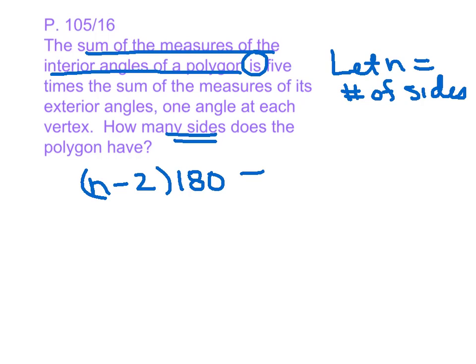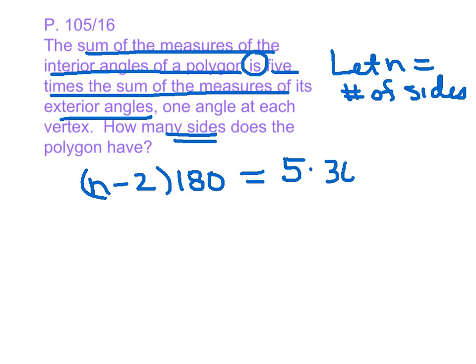It equals 5 times the sum of the measures of its exterior angles. So 5 times the sum of the exterior angles, which we know is 360. So I think that equation fits. And we work that out, and we can figure out what n is.